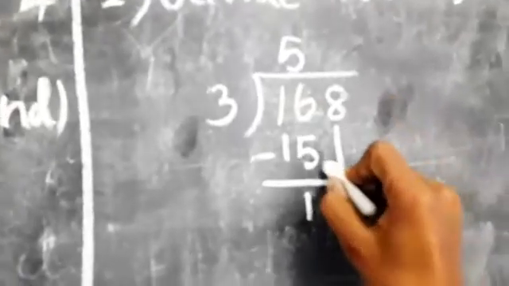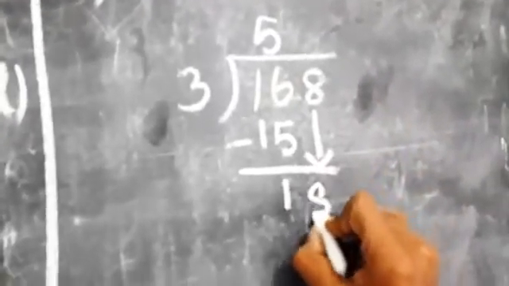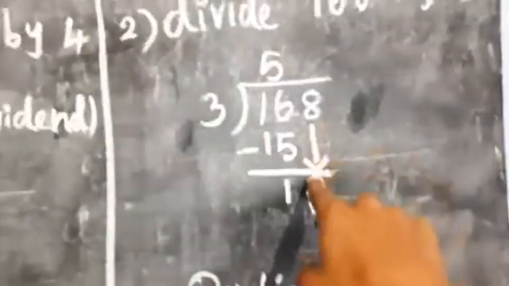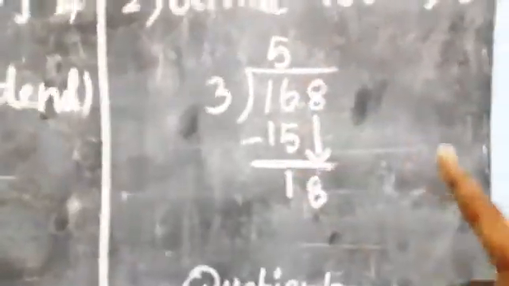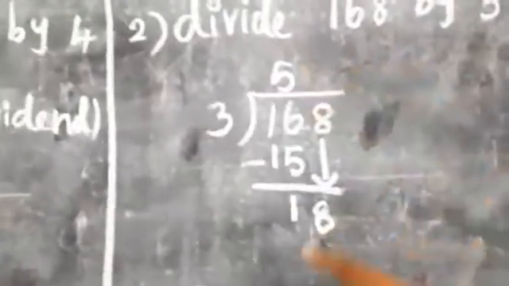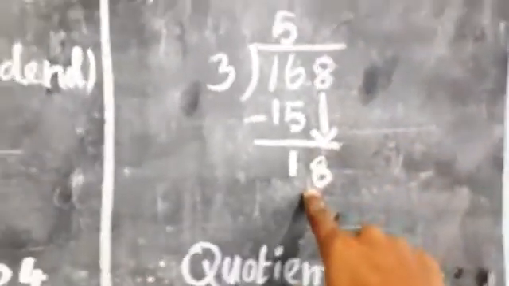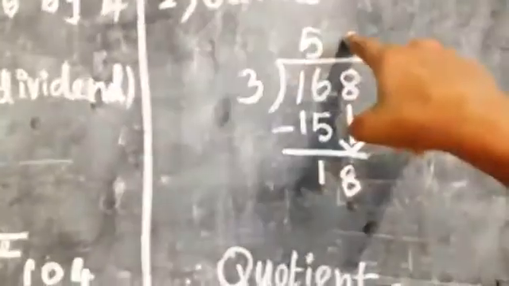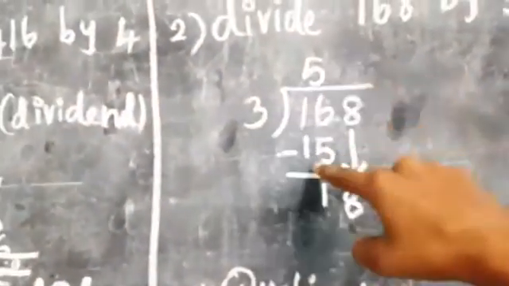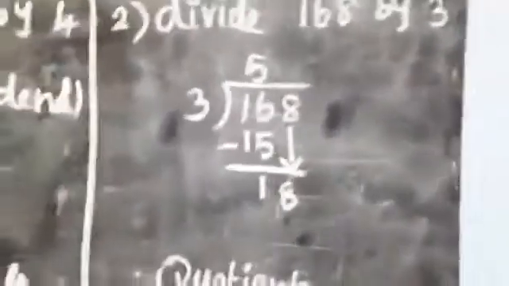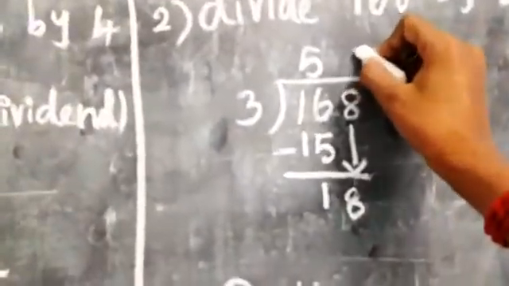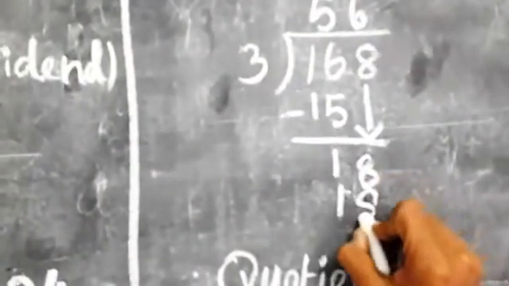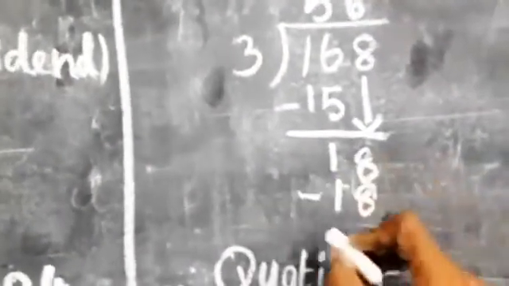Now bring down the 8. Then 6 3s are 18. Now we subtract: 18 minus 18.